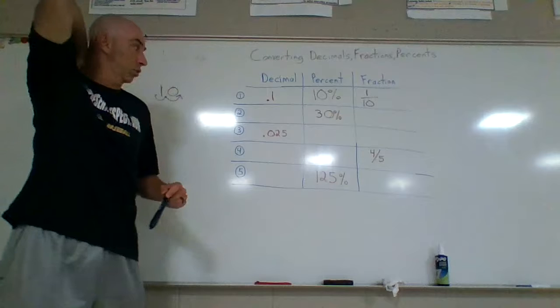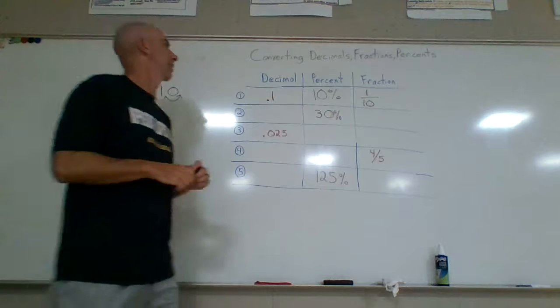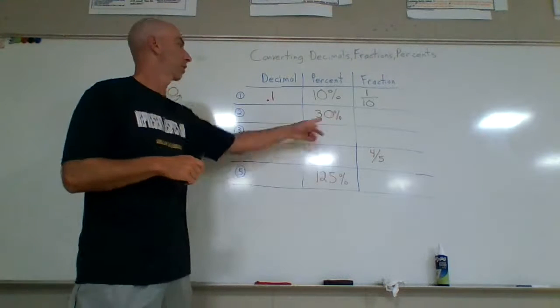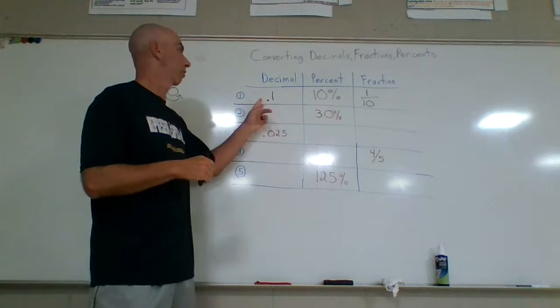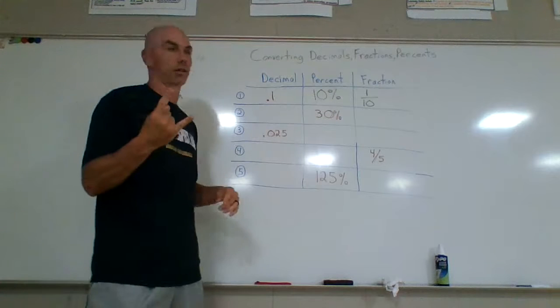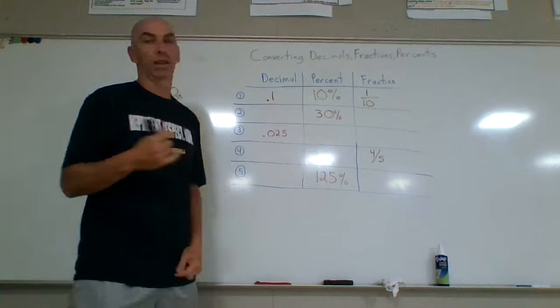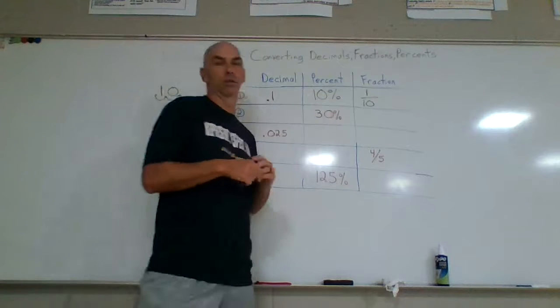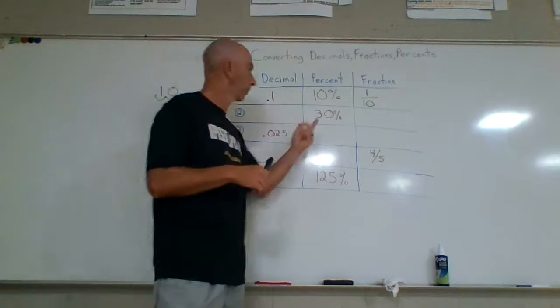Okay, number 2 has 30%. So let's go backwards first. If we move to the right twice, if we go backwards, we're going to move to the left twice. But Coach Camps, I don't see a decimal here.